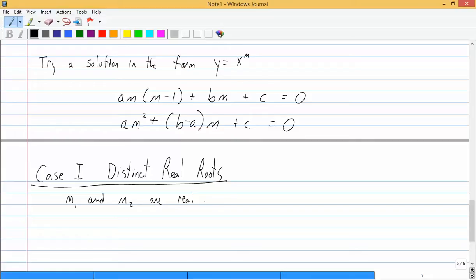Meaning they're real answers, real numbers. The y sub 1 would equal x to the m sub 1, and y sub 2 would equal x to the m sub 2.